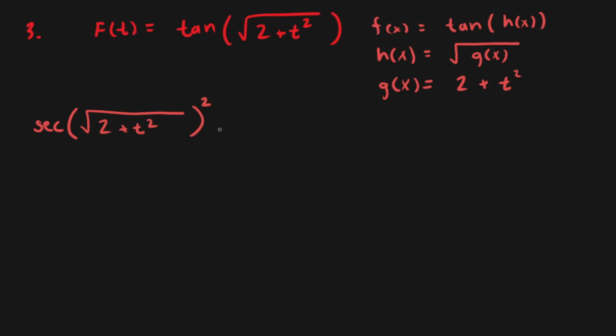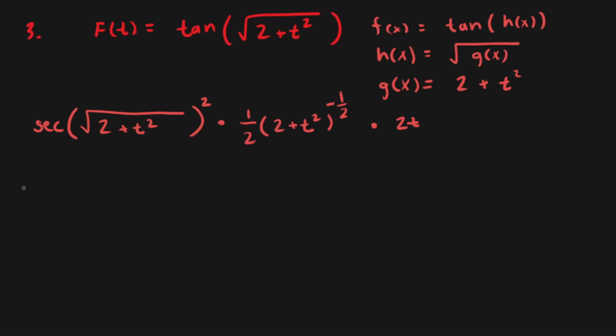Now multiply this by the derivative of the square root of g of x. We're going to get 1/2 times g of x to the negative 1/2 power. Now we take the derivative of g of x, which is our last step, which is just 2t.